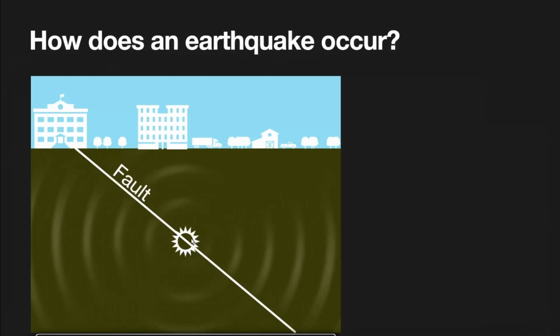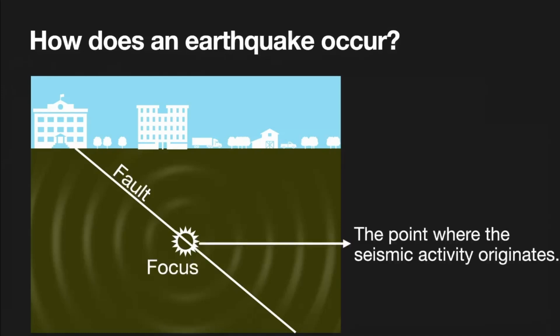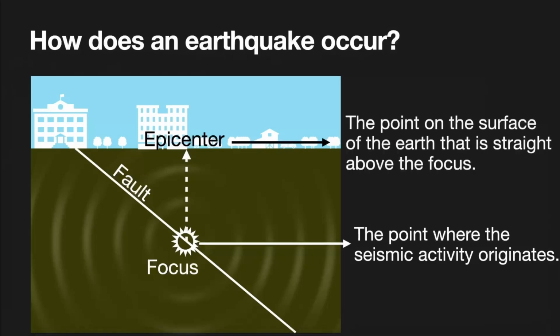Okay, so the point where the wave starts is called the focus. Let me write that down. Okay, and the point that's right above the focus, directly vertically above, is called the epicenter. Now, the epicenter is a point on the surface of the Earth, right? You can give it an address. Okay, let me write that down as well. The epicenter is also the place where maximum destruction tends to happen, right?